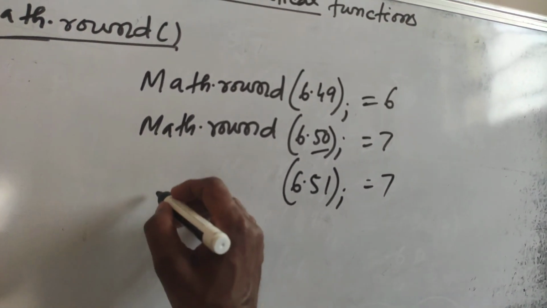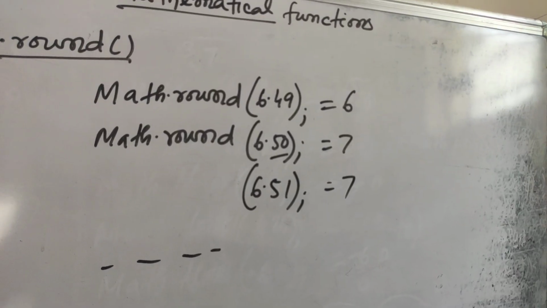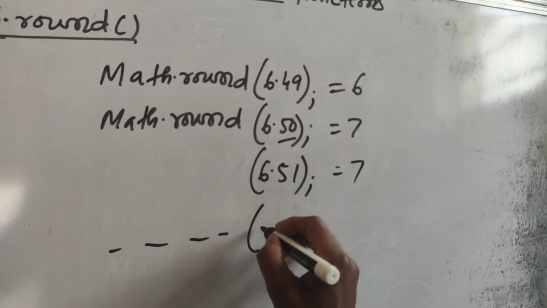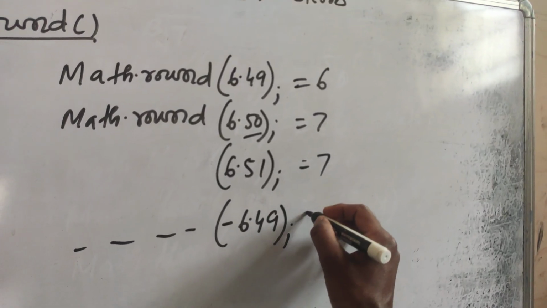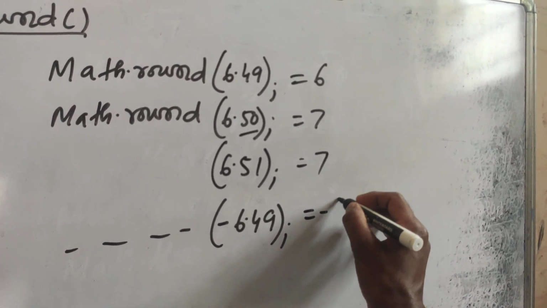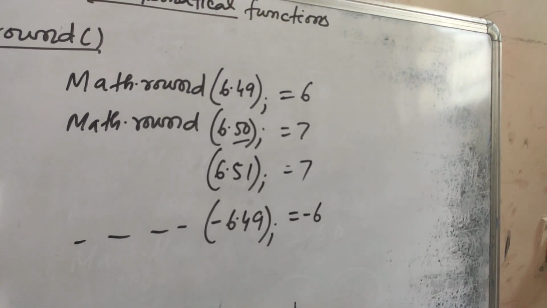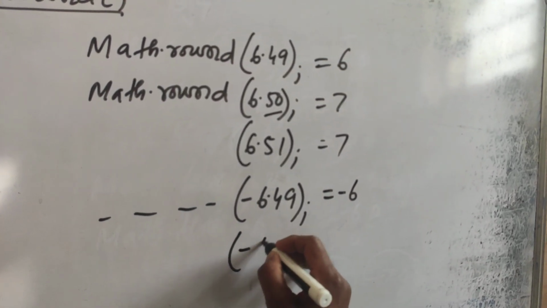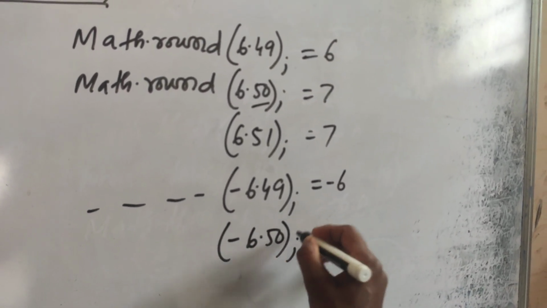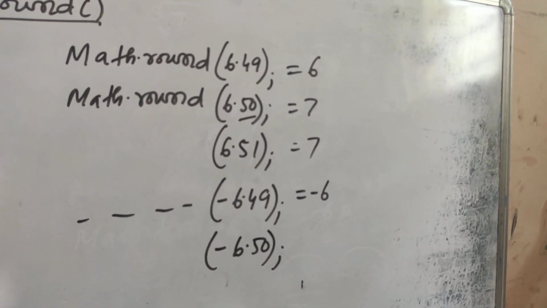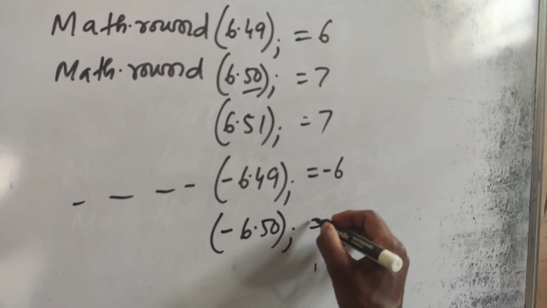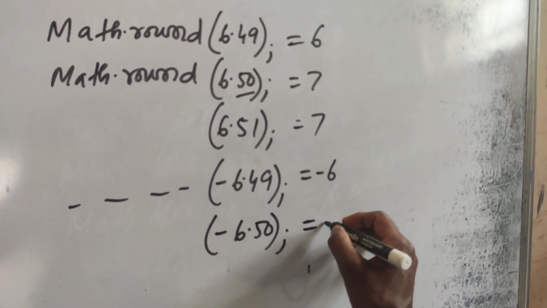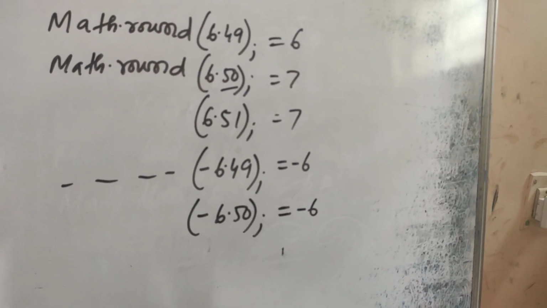Now for the minus, Math.round. If I write here minus 6.49, in that case minus 6 only. If it is minus 6.50, what result will come? Okay, minus 6.50, in that case also, see, minus 6 only.